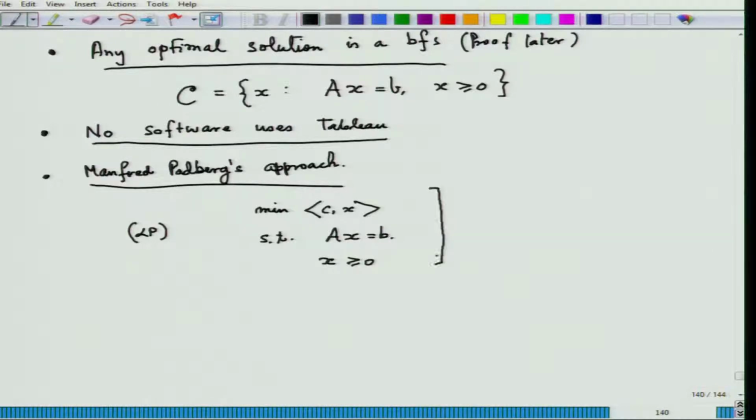In his approach, Padberg takes certain assumptions which are quite natural. The assumption is that A does not have a 0 column.